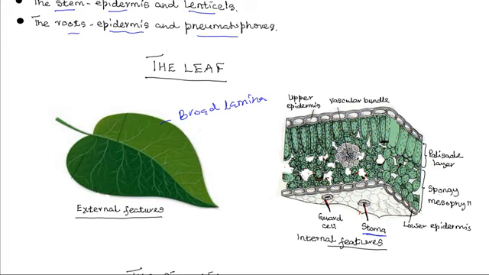The internal structure: if you look at the spongy mesophyll tissue, there are air spaces. These air spaces enhance diffusion and also expose large cell surfaces for gaseous exchange.